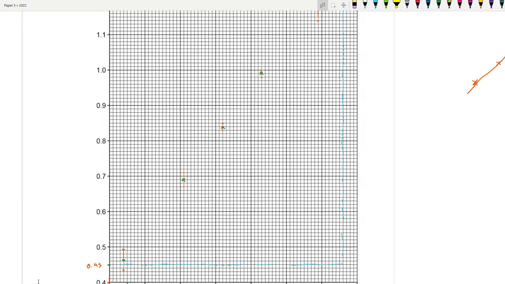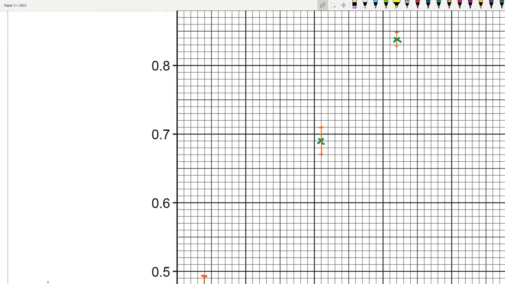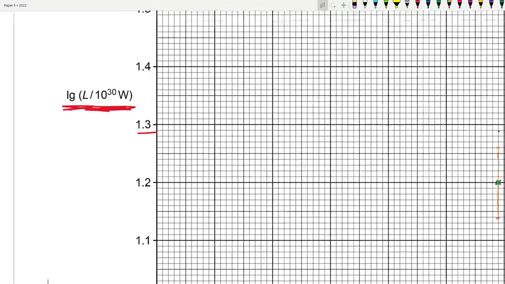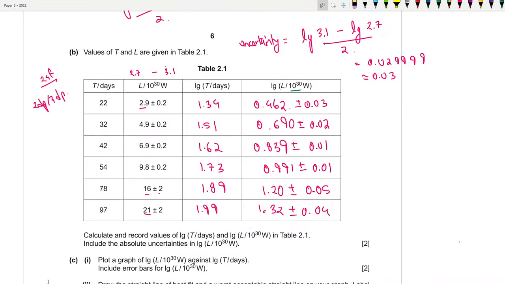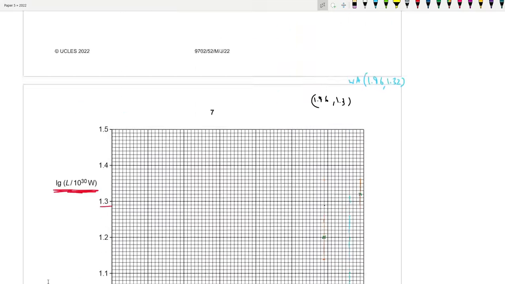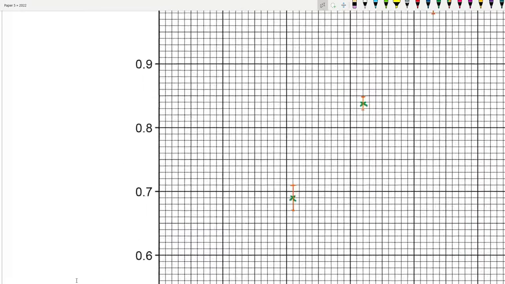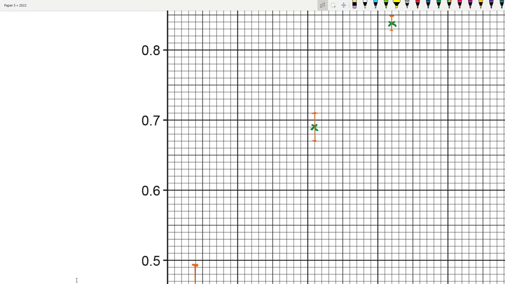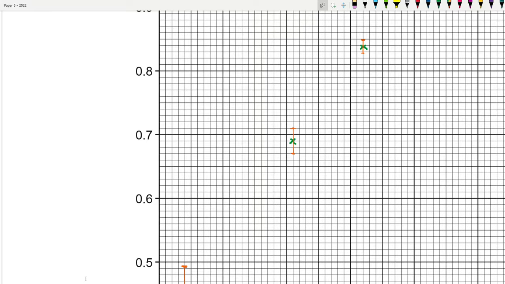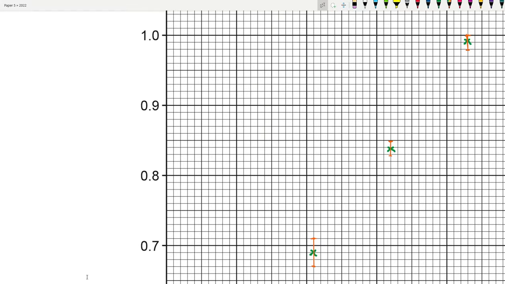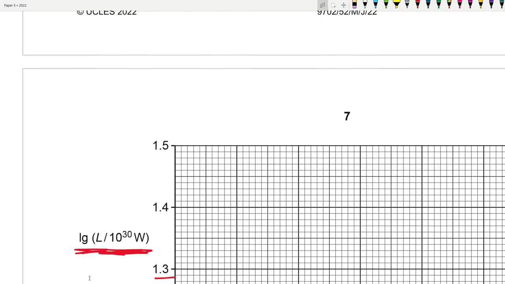I'm zooming into the points to see if you guys get it over here. Then the next point is 0.69 and 1.51. Then 1.62 and 0.839, which is basically 0.84.